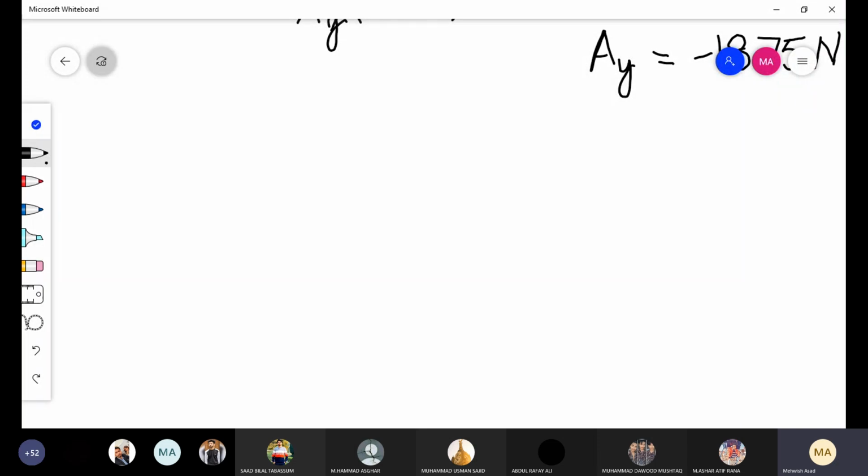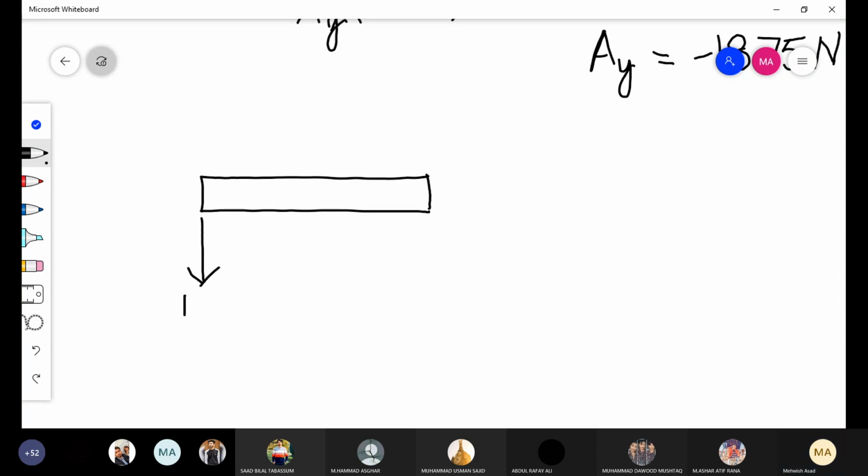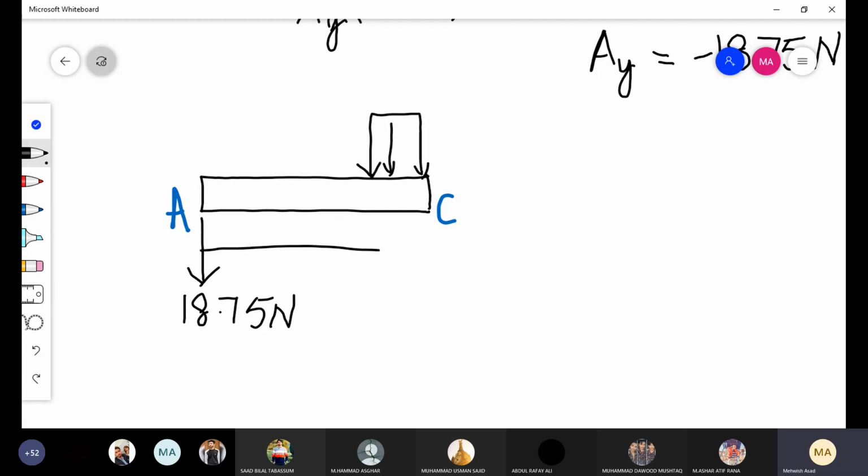The free body diagram in our case will become: 18.75 Newton is the reaction acting downward. This is point A and this is point C. And the applied loading up to point C. The distance from A to C will also be shown over here.